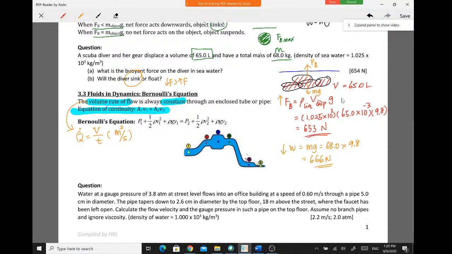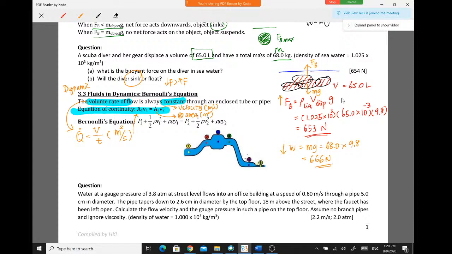When you further expand, you get A times V, where A is the cross-sectional area and V is the velocity of the fluid. All this is for dynamic fluids, which means when the fluid is moving.